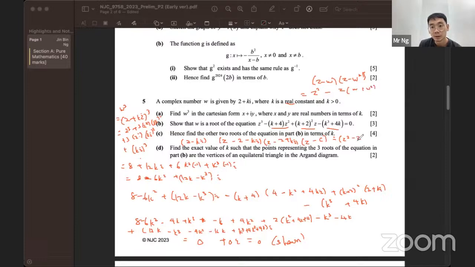So w plus w conjugate is twice the real. Then after that, forgot what I want to say.